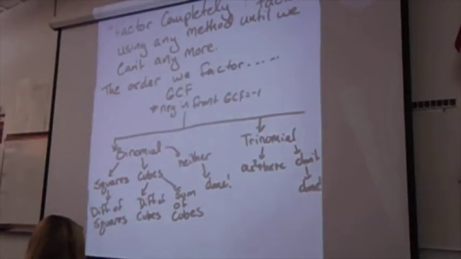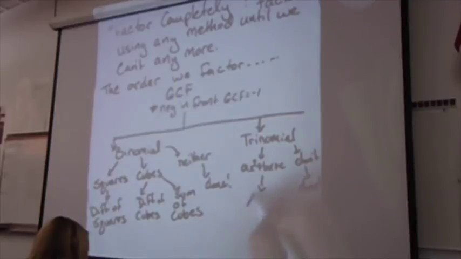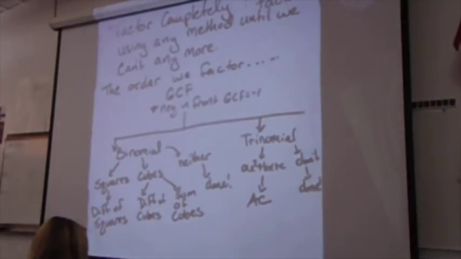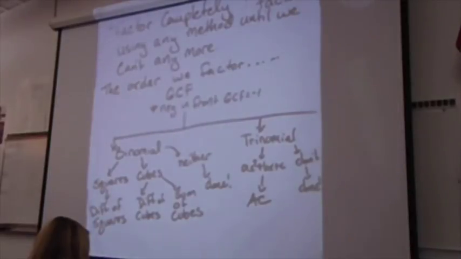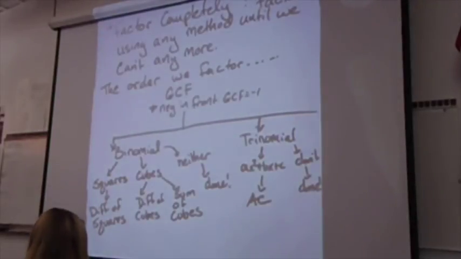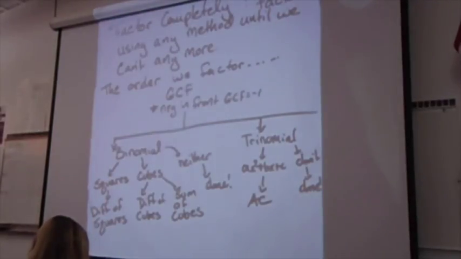If you have ax squared plus bx plus c, then you're doing an AC method. And we're sort of just going to put a little dot, dot, dot at the end of this flowchart, because you'll pick up the last factoring method in the spring when we do bigger problems.